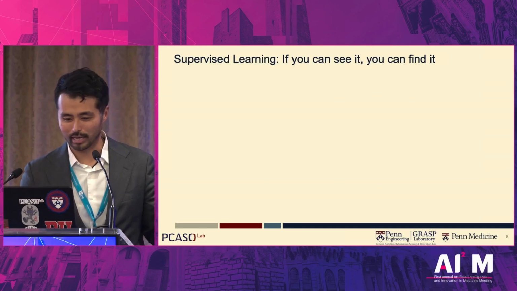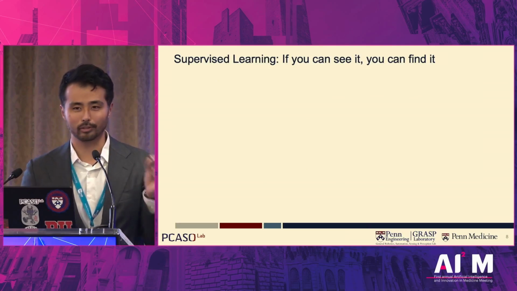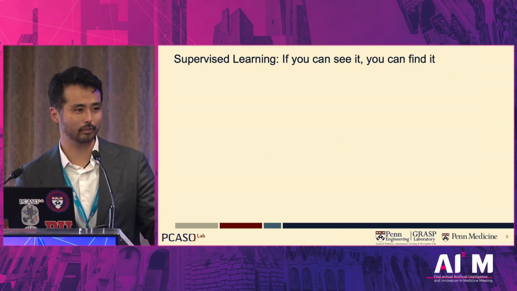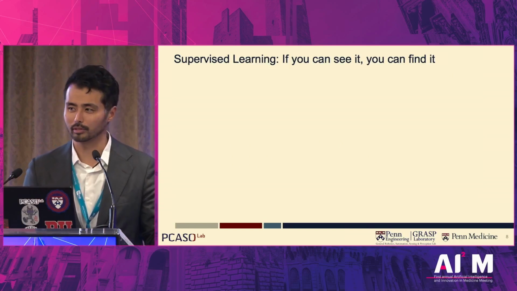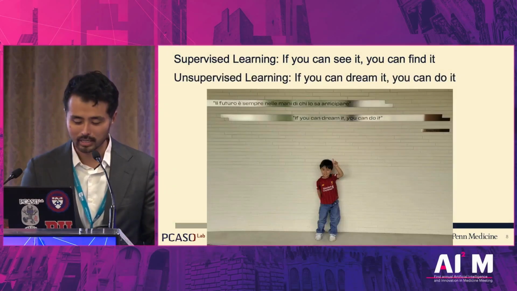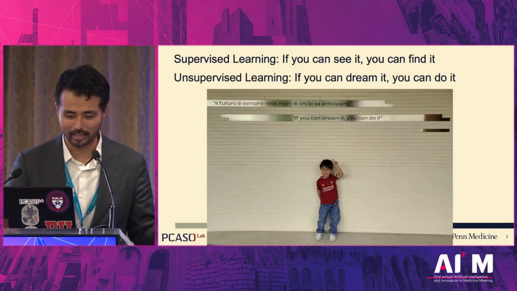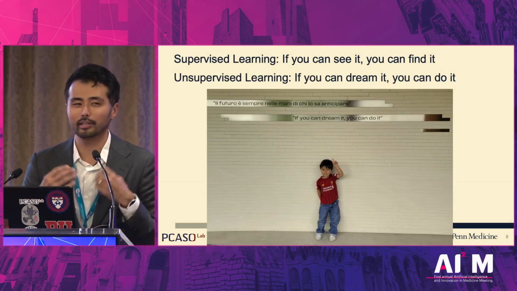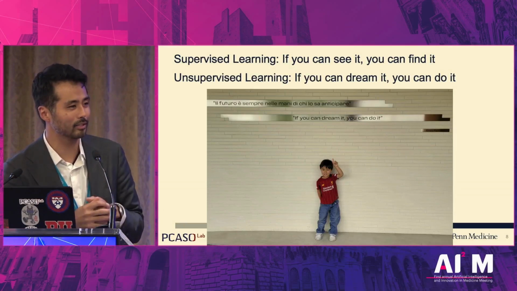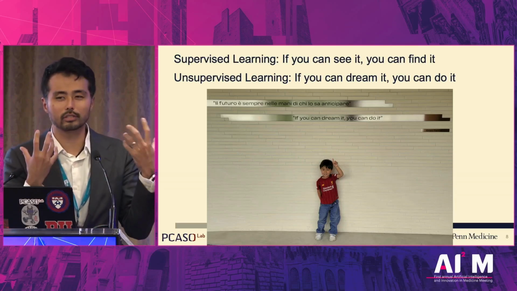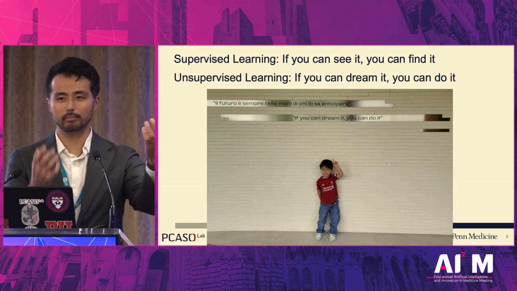And so just to close that quickly, in supervised learning, if you can see it, you can find it, but that doesn't leave much room for imagination or what we want to do. And since it seems obligatory to reference Ferrari while we're here, I took my son there yesterday, and there's a quote from Enzo Ferrari that if you can dream it, you can do it, which I think is sort of what unsupervised learning gets into, which is you don't have to see the example of, aha, this means this.